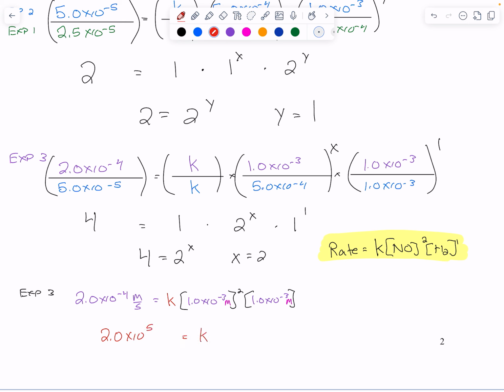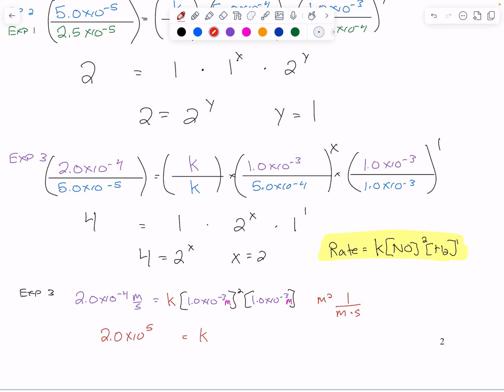Now units, right? I got to have K so it cancels out and gets just molarity per second. So I have molarity squared now, so that means I have to have a molarity down here in a second. I believe that's all I need, right?